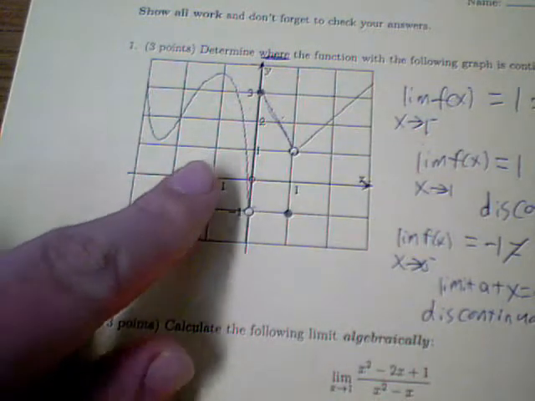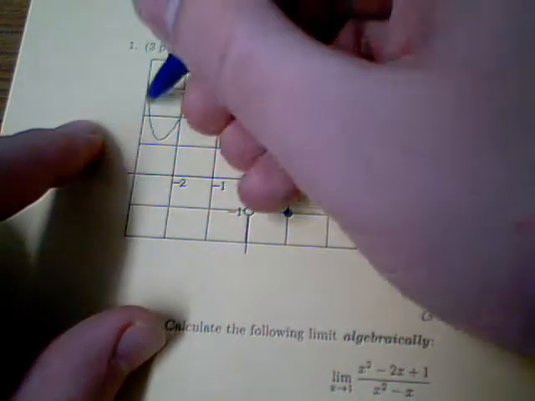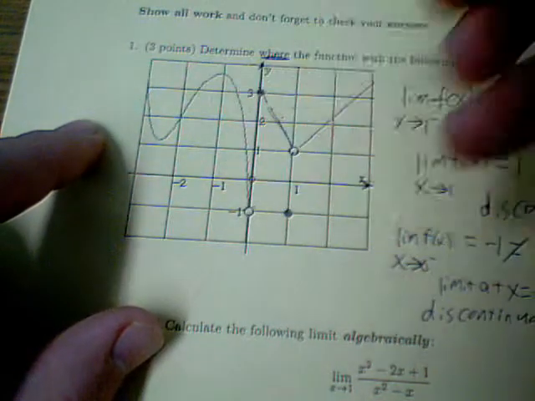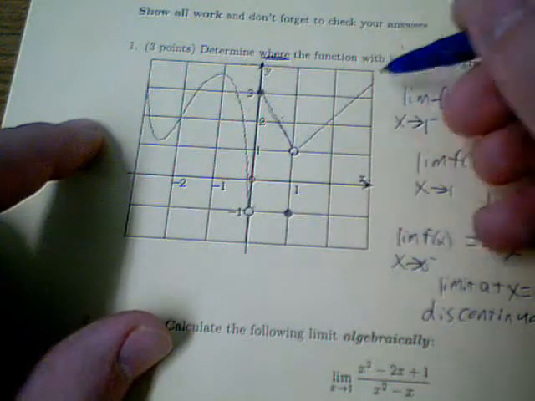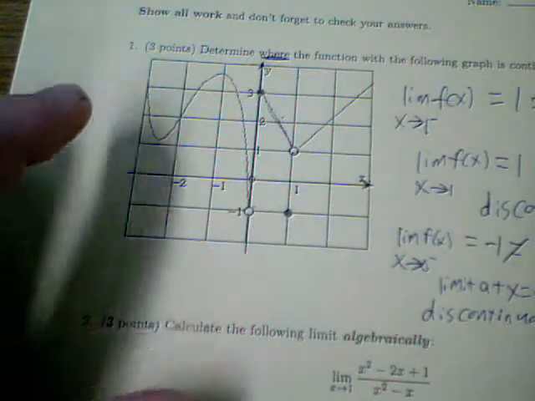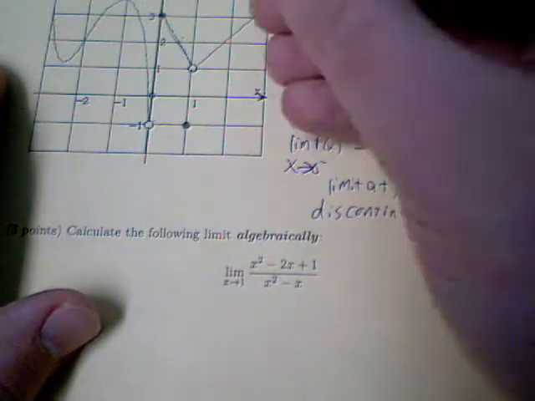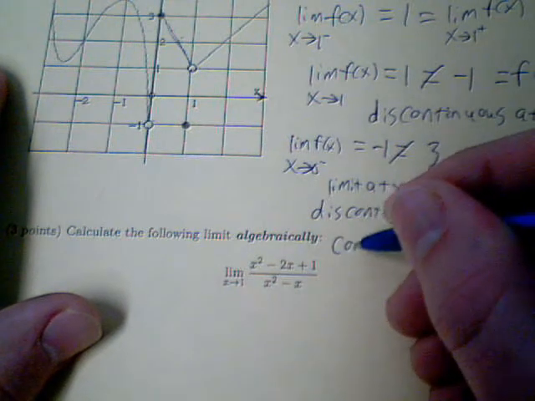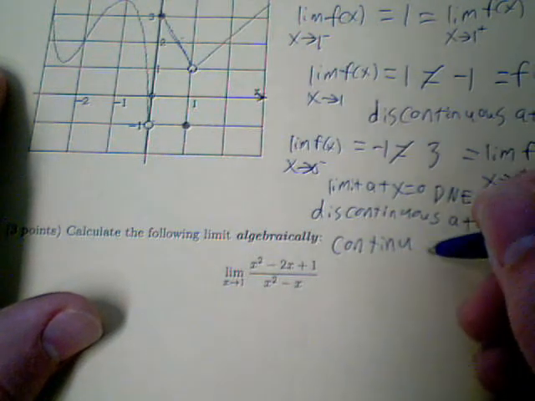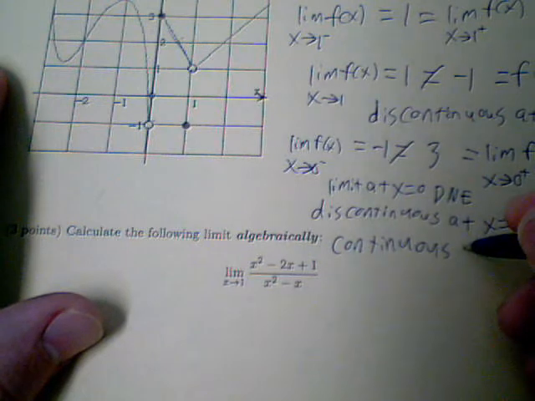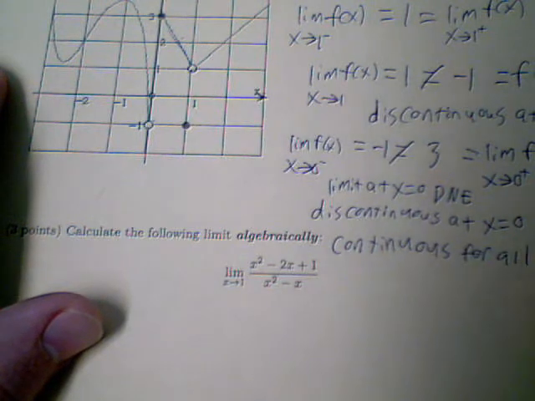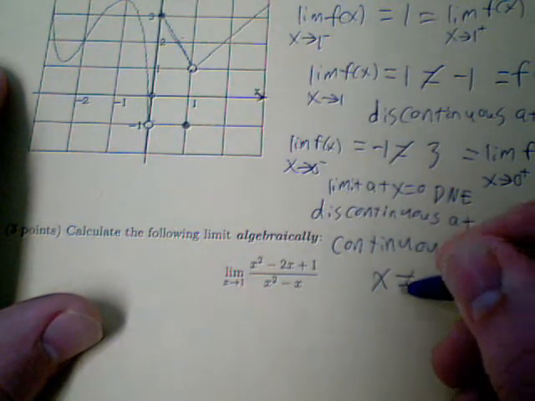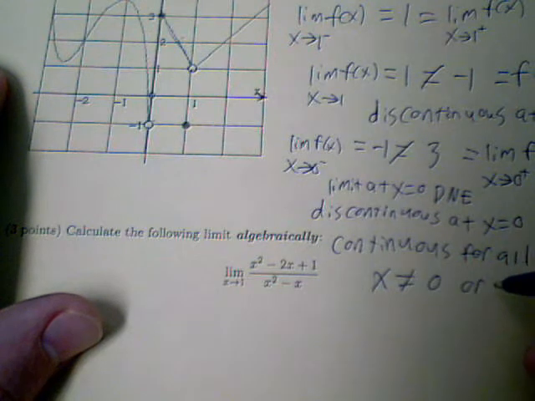I'm continuous over here. I can just draw this, right? It's a nice smooth line. That line is continuous, that line is continuous, but at 0 and 1 I'm not. So, where am I continuous? I'm continuous for all x not equal to 0 or 1.